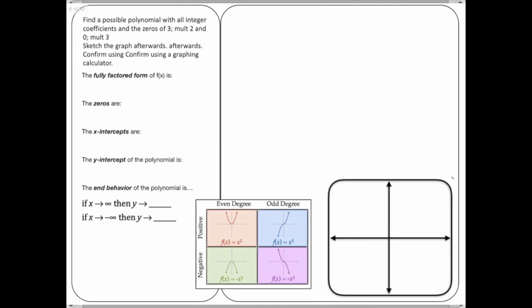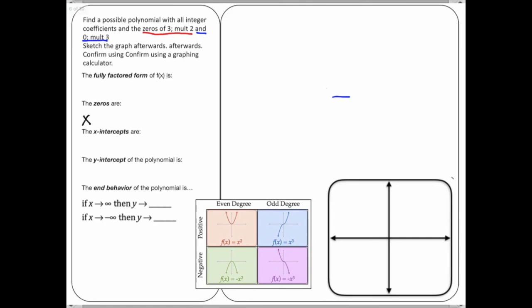It is, again, a possible polynomial, all integer coefficients, and we have zeros of 3 multiplicity 2 and 0 multiplicity 3. So let's go ahead and just write these out down below, what the zeros are, because it gives it to us.